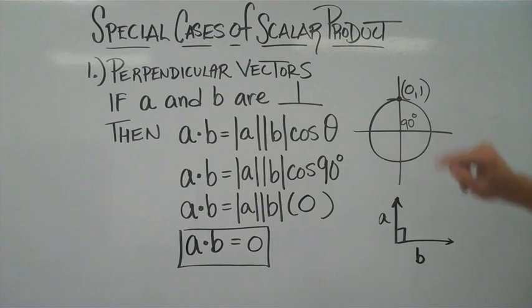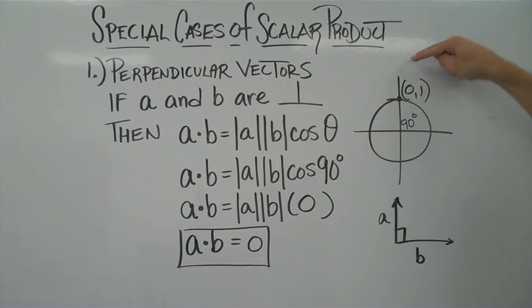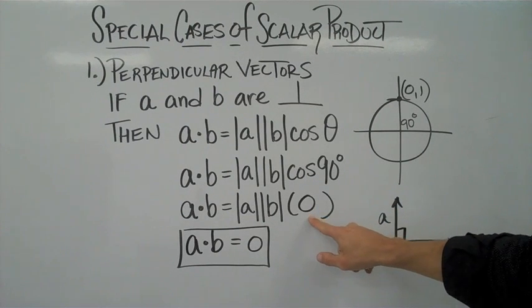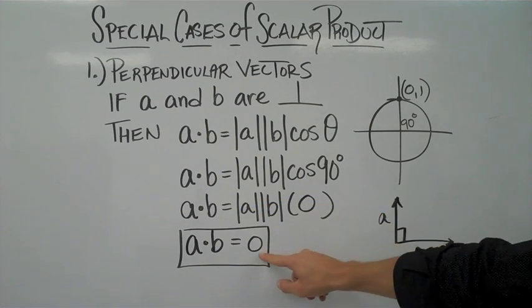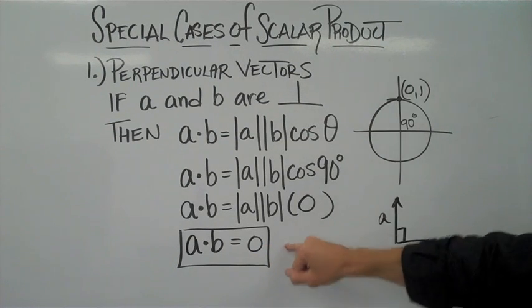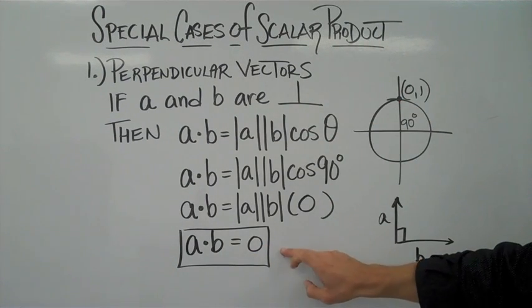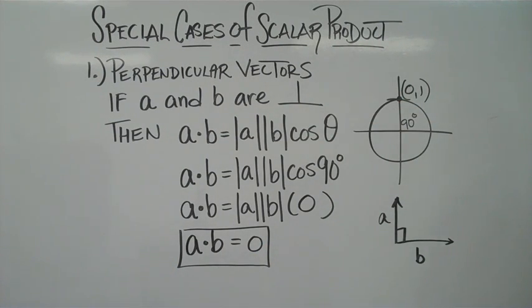We know from our work with trigonometry that at 90 degrees our x component is 0. So cosine 90 is 0, and so the magnitude of A times the magnitude of B times 0 is 0. This is the most important thing to remember. For perpendicular vectors, the dot product is 0.